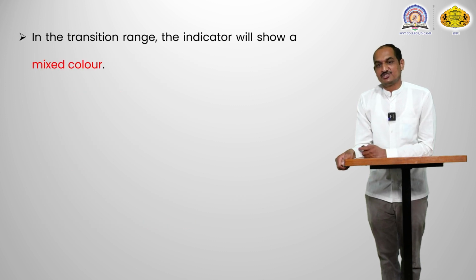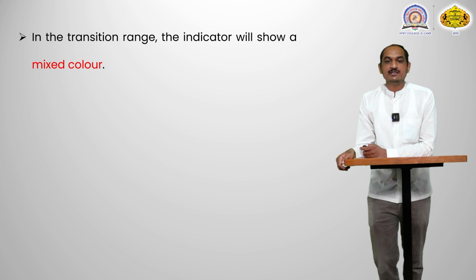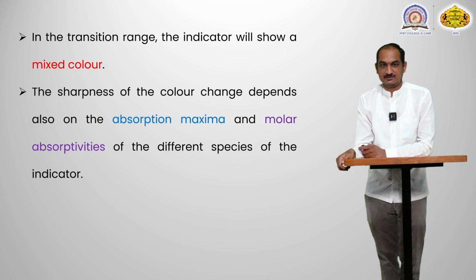In the transition range, the indicator will show a mixed color. The sharpness of the color change also depends on the absorption maxima and molar absorptivity of the different species of the indicator.